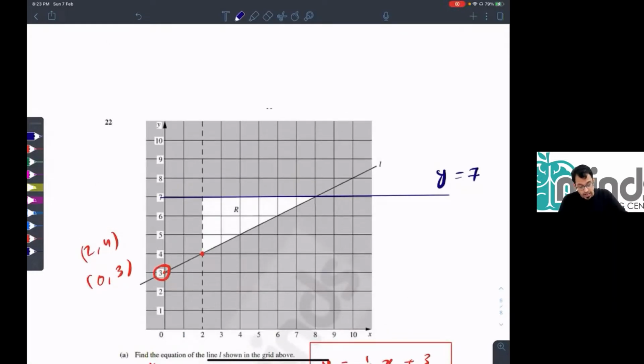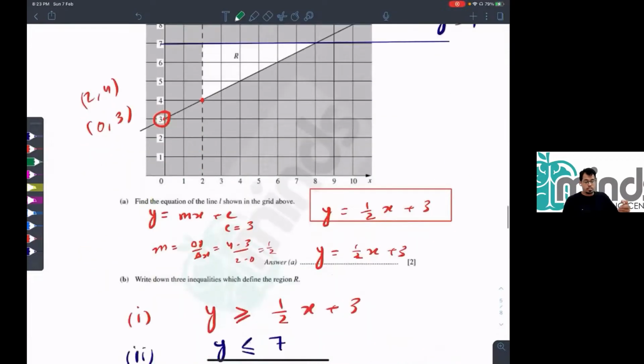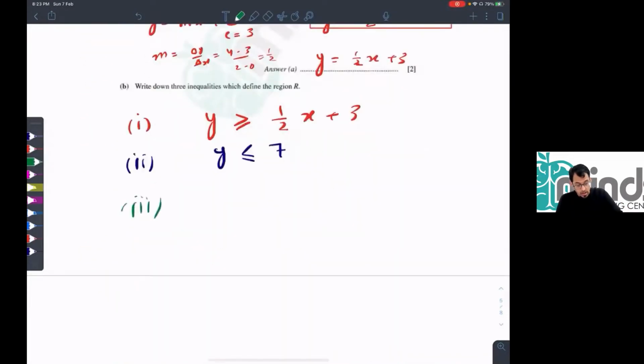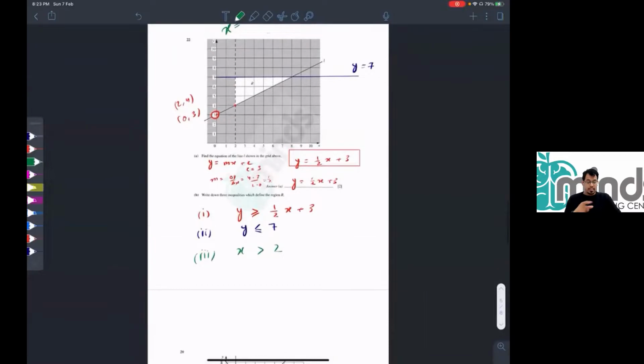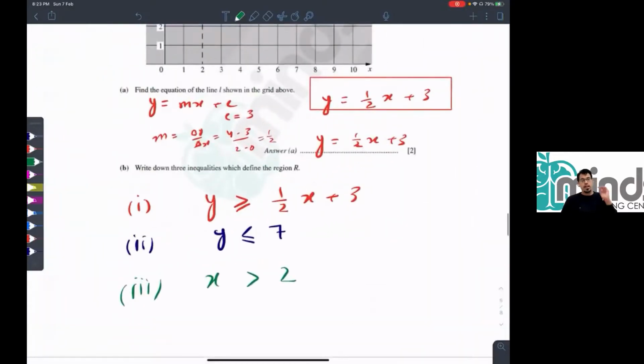Now, this dotted line is actually x equals 2. Since it is dotted, it will be just x is greater than 2. We won't be putting the equal to sign with it because it is just x is greater than 2 as it's a vertical dotted line. Remember the rule. When a line is horizontal, it will be y equals constant. When a line is vertical, it is x equals constant. Then decide whether it is greater or less.